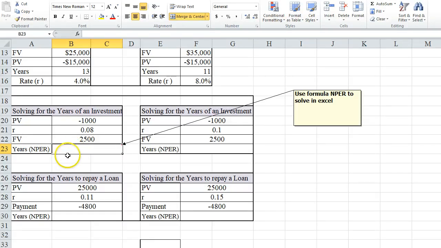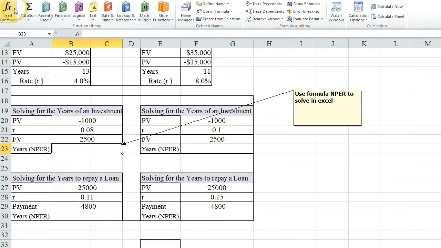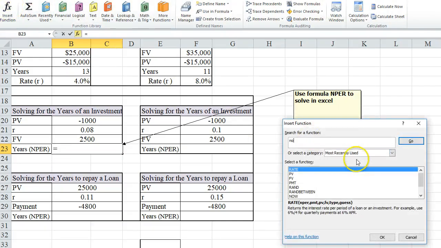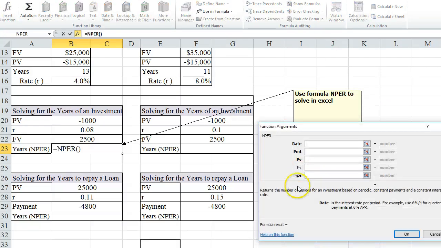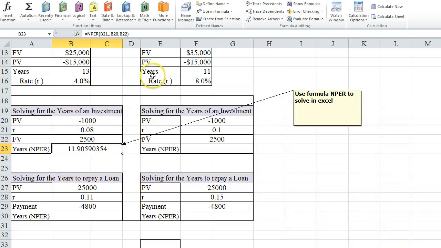Okay. So here's a nice note to use N per to solve in Excel. So if I go to formulas and I'm going to search for N per, and I have my rate, present value, and future value. So I have these three. I'll be able to calculate the number of years here.